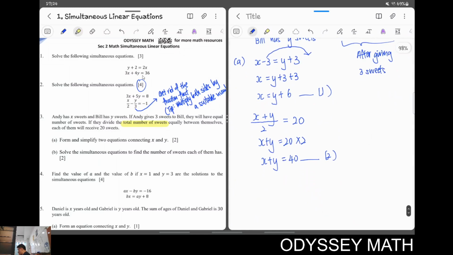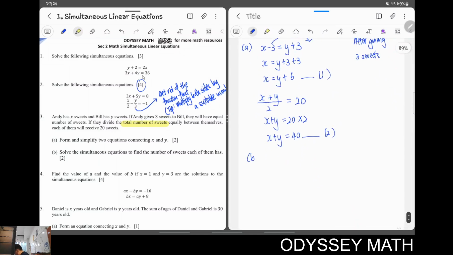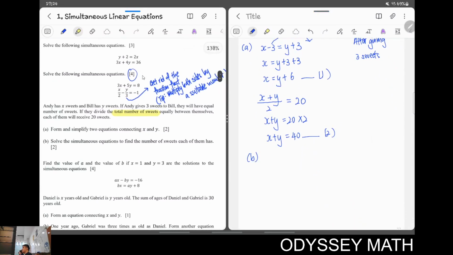Okay, so that's part A. Now let's do part B. Now we solve the simultaneous equations to find the number of sweets each of them has. Do you notice that this equation already has X as the subject? So we can just substitute equation 1 into equation 2.